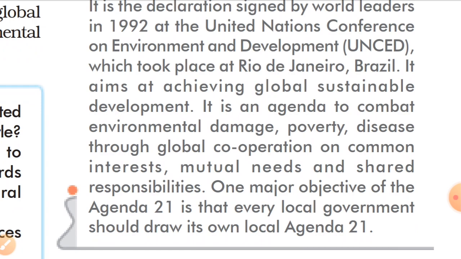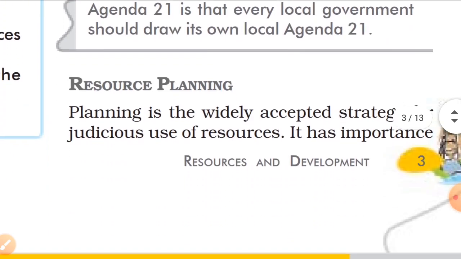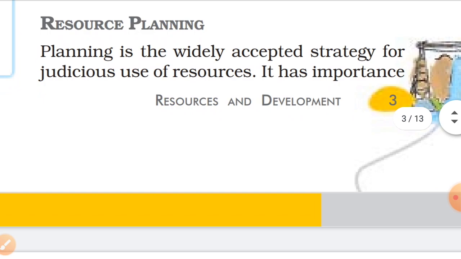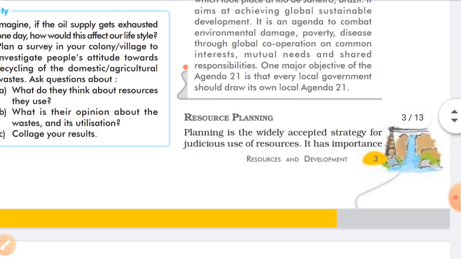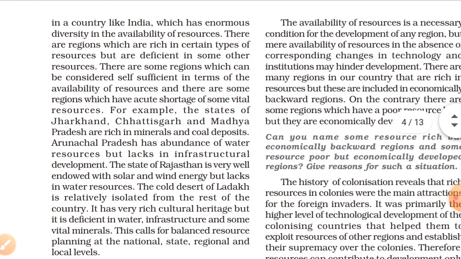Now all are in this together and we all are fighting it. One major objective of Agenda 21 is that every local government should draw its own local Agenda 21. Resource planning. Planning is a widely accepted strategy for judicious use of resources. It has importance in a country like India.